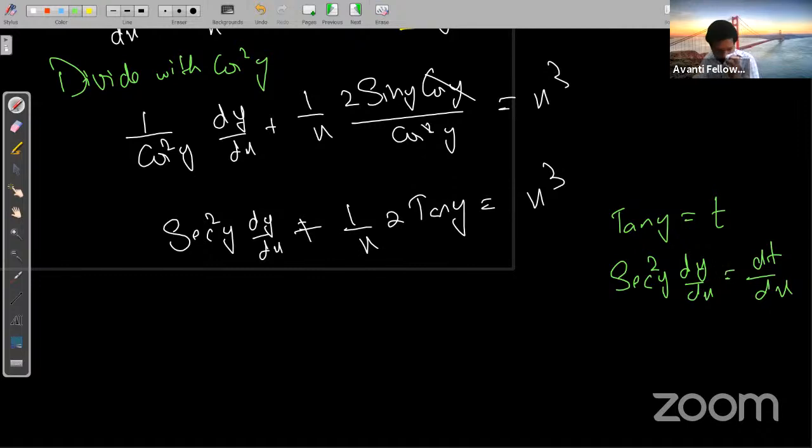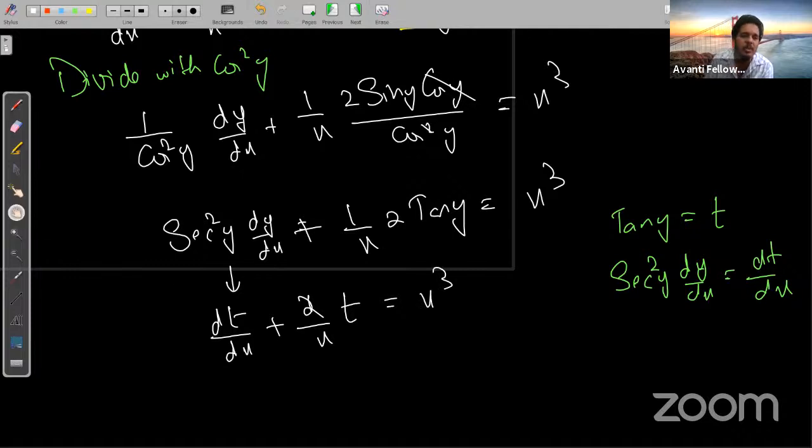Clear or not? So what is this going to become, guys? It is dt by dx plus 2 by x into tan y, which is t as I have taken, is equal to x cube.